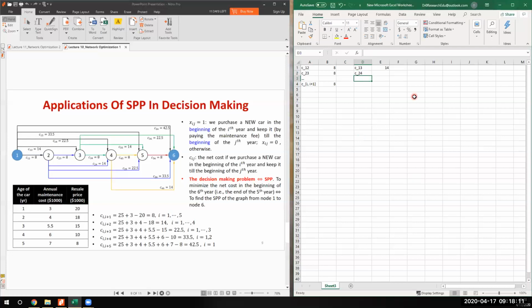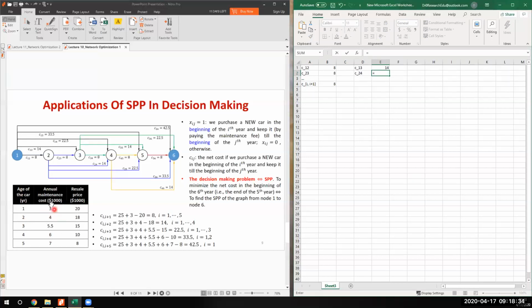Let's see the same. Suppose I purchase a car in the beginning of the second year, and I sell the car in the beginning of the fourth year. What's going to happen? Isn't it exactly the same? Because you keep the car for 2 years. It doesn't matter which year you started purchasing a new car, but you keep it for 2 years.